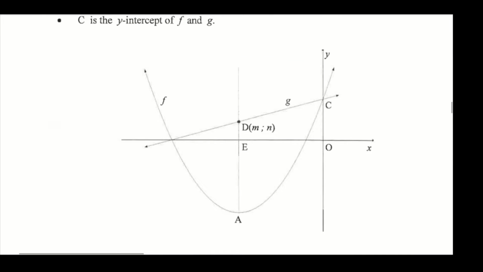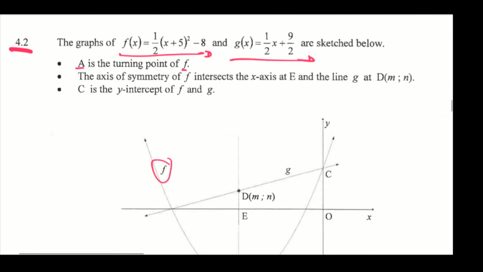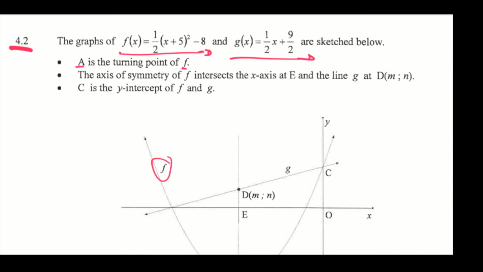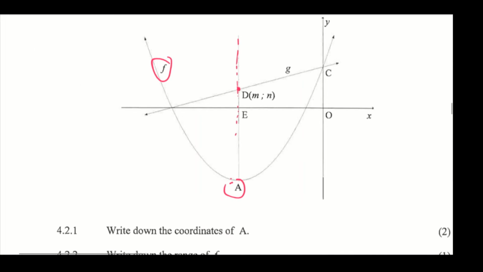So if we look at the graph of f, A is the turning point of f, and we are also told that the axis of symmetry of f intersects the x-axis at E, and then the line g at D, M. So there is DM there, and this is your axis of symmetry of f, because it comes down from your turning point.